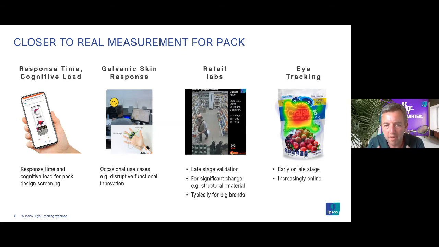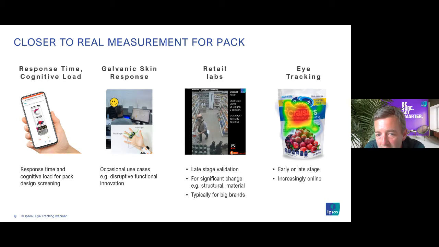If we screen packs in a very abstract way on our mobile phones, we're never going to get closer to a shopping situation in that case. But what we can do is apply a cognitive load in order that we get closer to more automatic decisions, even in a very controlled, abstract research context. So even at very early stage, with very light methodologies, we're applying techniques like that.